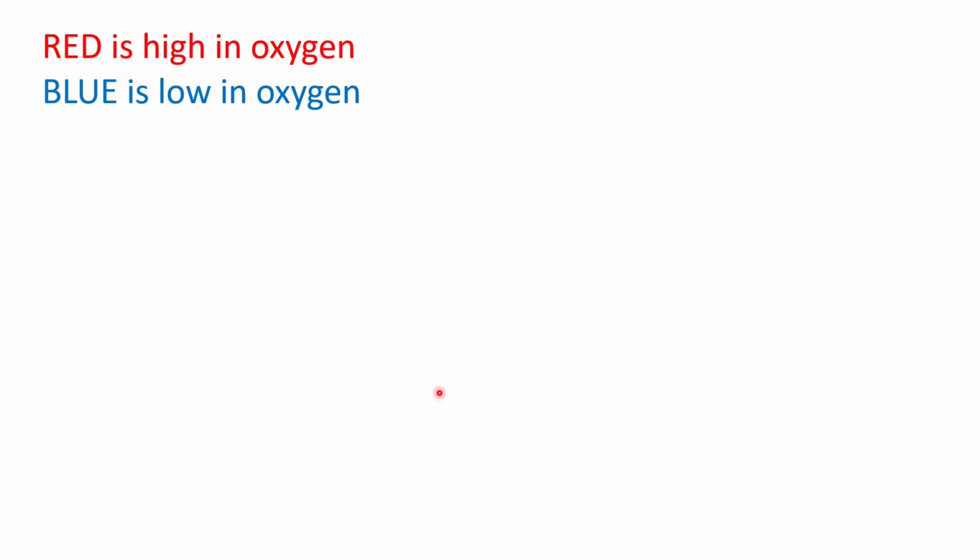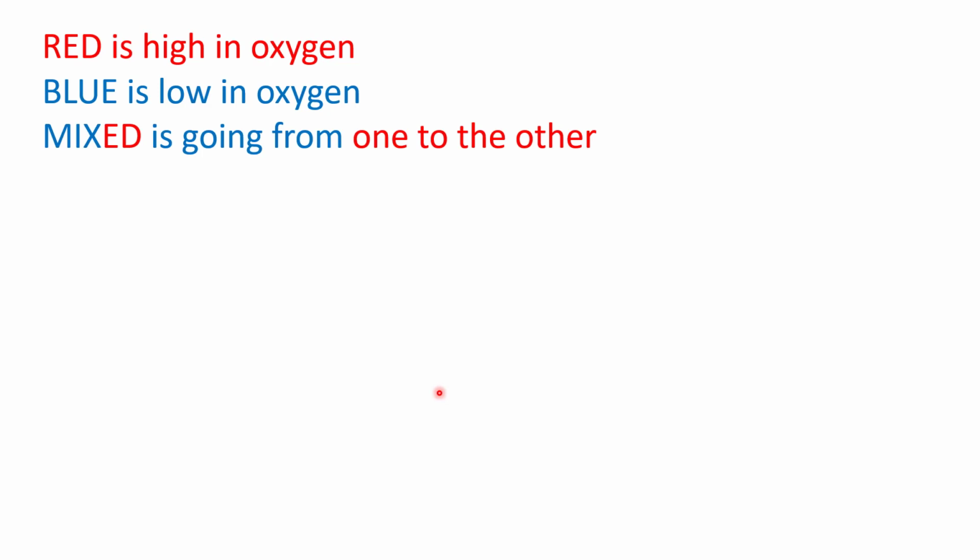But in a couple of spots, we're going to see mixed color. It's going to start out blue and end red, or it's going to start out red and end blue. When you see that, that represents spots in the body where the oxygen level is changing. Either we are taking deoxygenated blood and putting oxygen into it, or we're taking oxygenated blood and taking oxygen out of it.